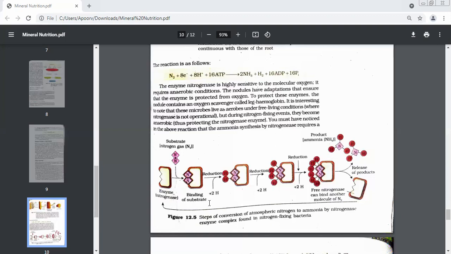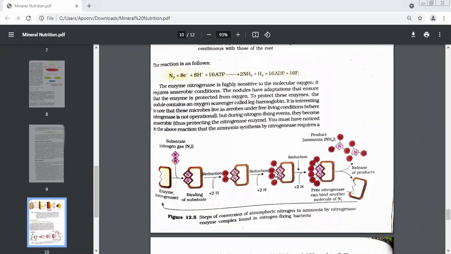So the first step is binding of the substrate. Then reduction will take place. In one step of reduction, how many hydrogens will be added? 2 hydrogen. So these pink ones are nitrogen, these red ones are hydrogen. And then another step of reduction. Now how many hydrogens? 4 hydrogen.